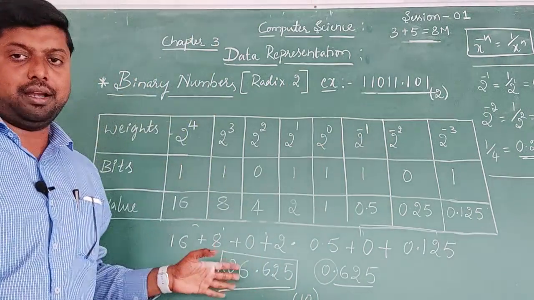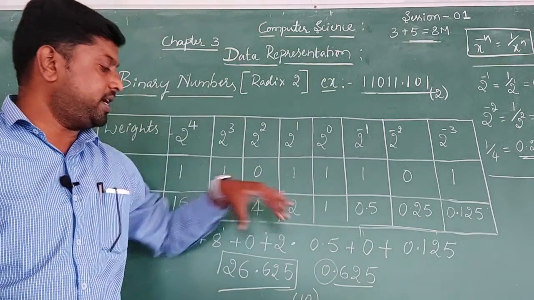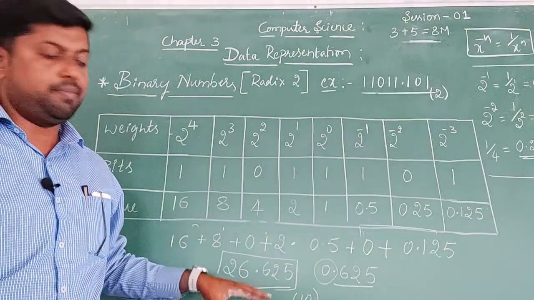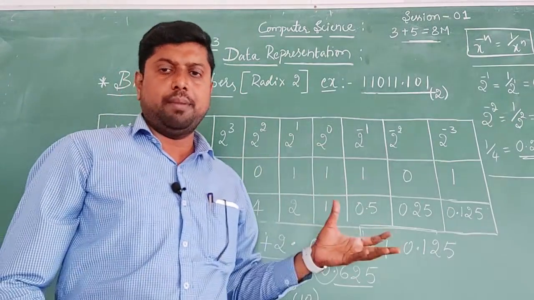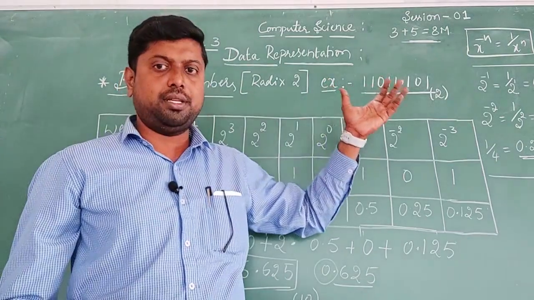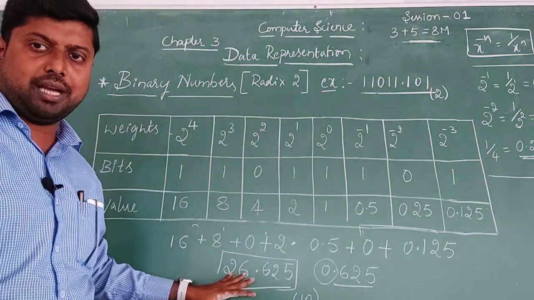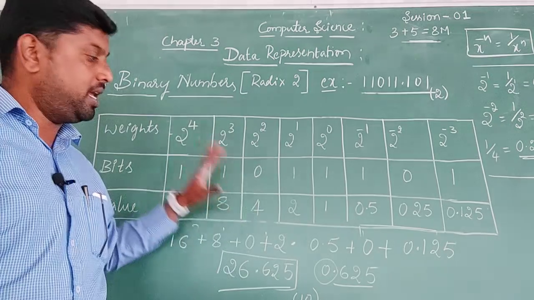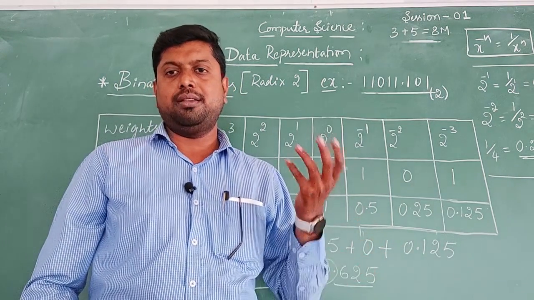This is the method of how binary numbers are converted into decimal numbers. So follow this procedure. At home, practice with any other binary numbers and convert them with this process. Then you will get a clear idea of how to calculate in the binary numbering system, dear students.